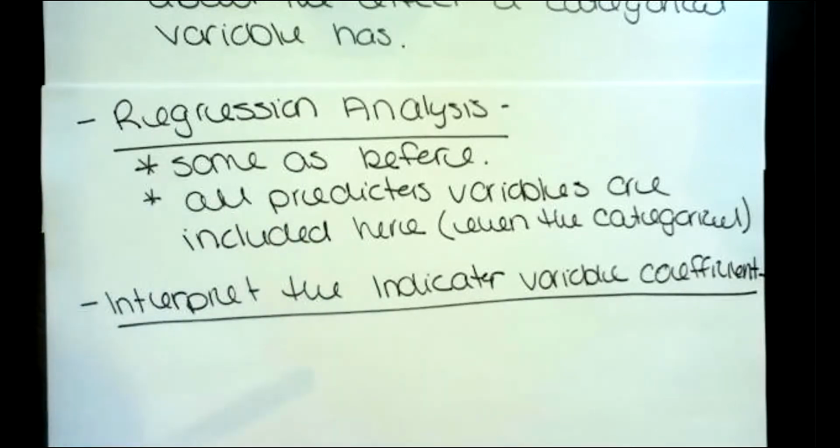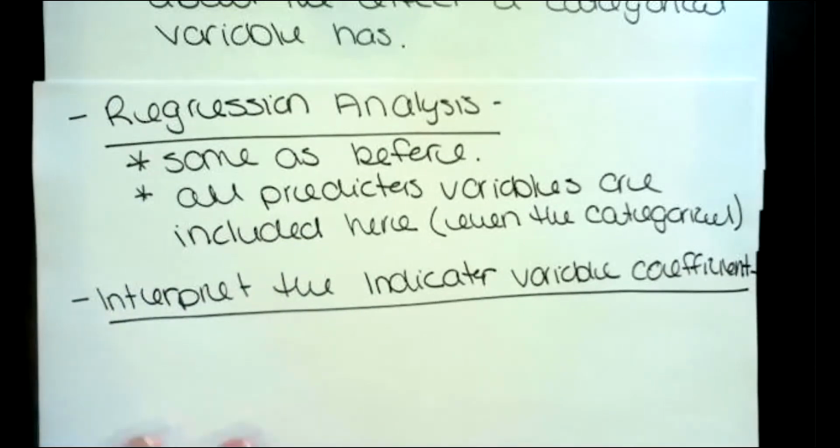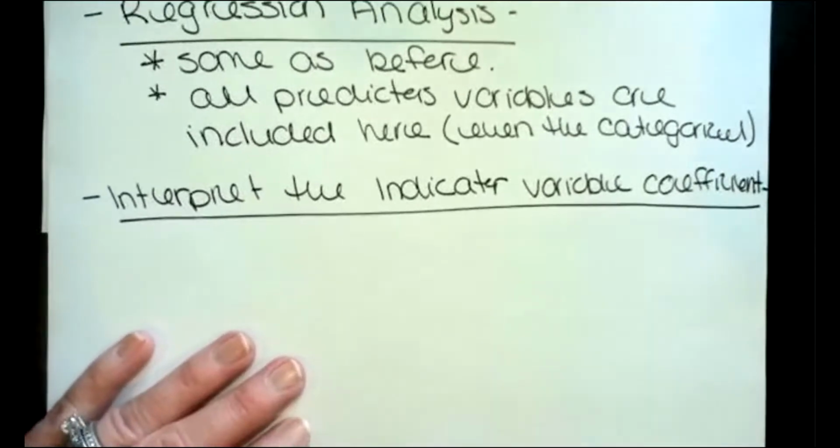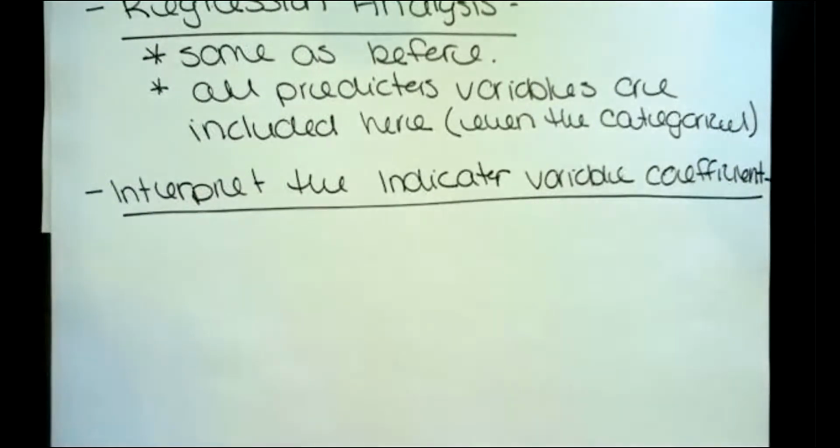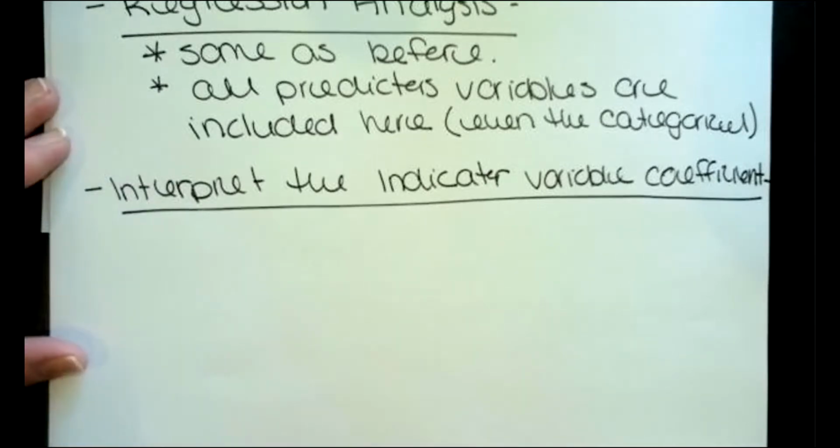Okay, so how do we interpret this coefficient of this indicator, that categorical variable? We're not going to use the typical slope interpretation that we're used to, right? We're used to using that, and we can use that for all the others. But for the categorical variable, we have to use something a little different. And it's because it's a 0, 1. So either something takes place or it doesn't take place. So think about it in that way, a 0 or 1.